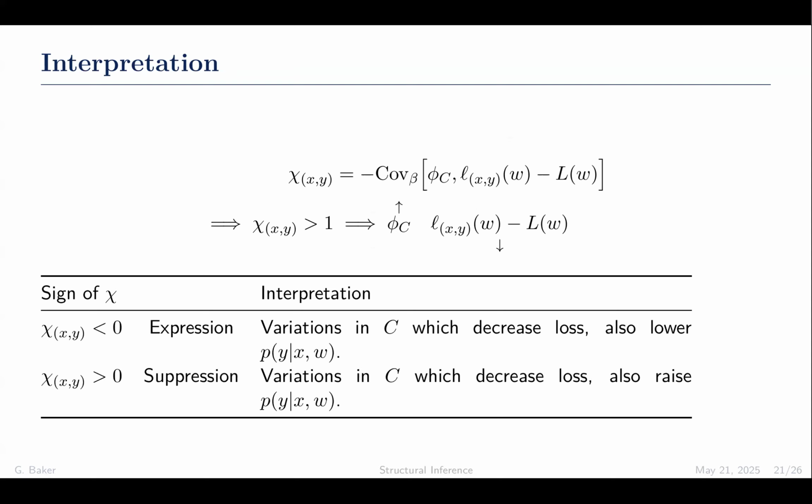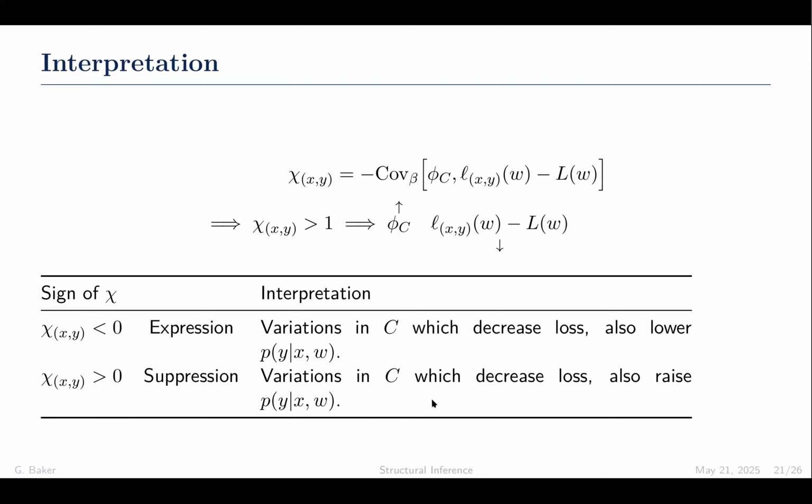Said a little bit differently, or inversely: if the small change makes it so that you end up doing better overall, you end up doing worse on the selected data point. Oh, that should be a 0, not a 1. So if chi xy is greater than 0, that ends up meaning something like suppression is going on.